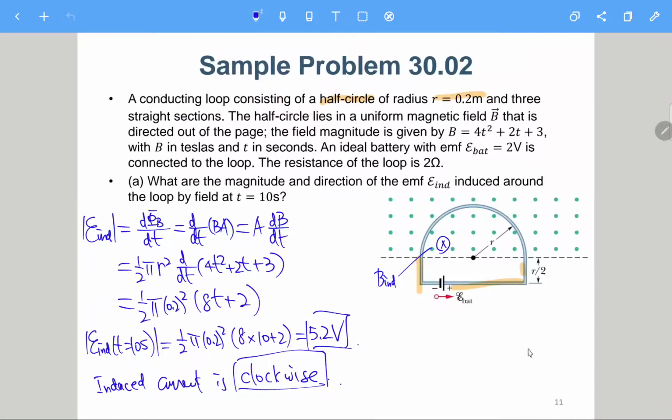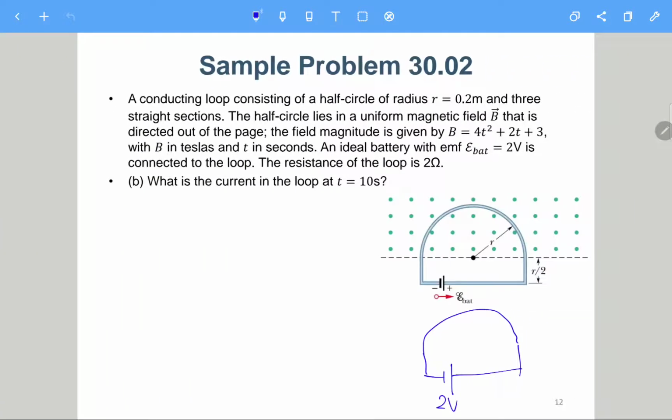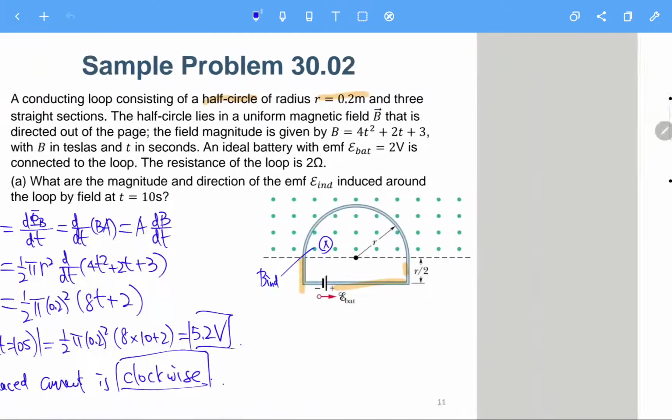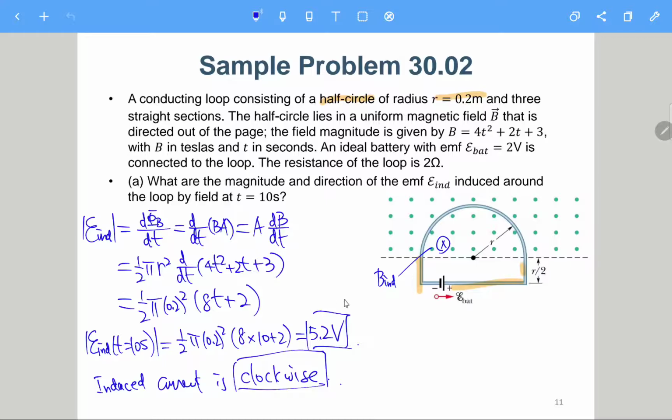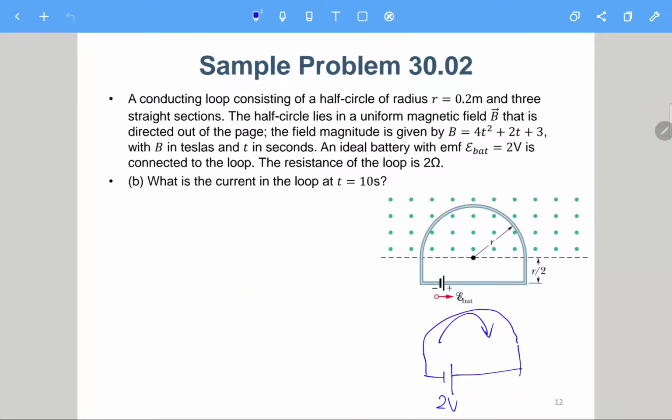And as long as the induced current is clockwise, the EMF we just calculated is 5.2 volt, in this direction.